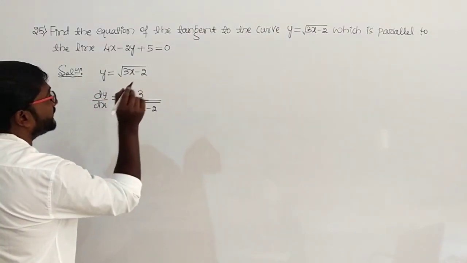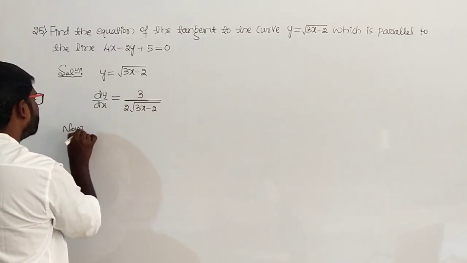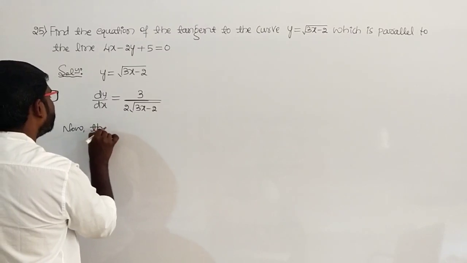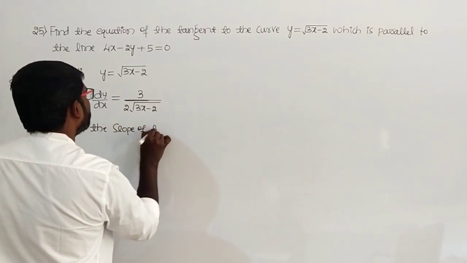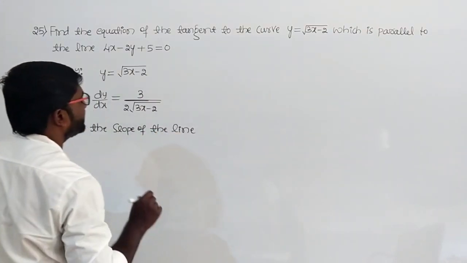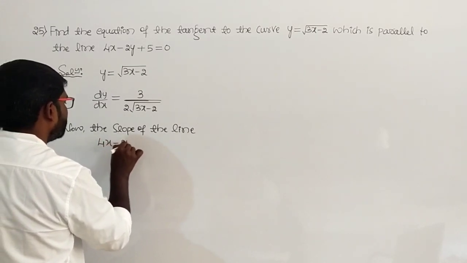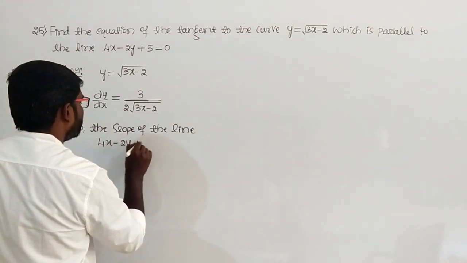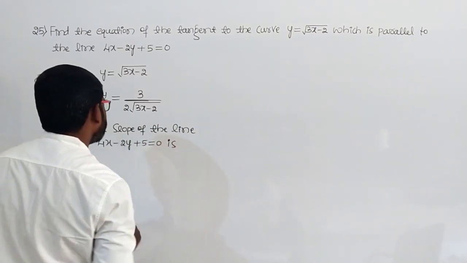So now I'll go for the slope of the line. Now the slope of the line 4x minus 2y plus 5 which is equal to 0 is, what is the slope of the line?